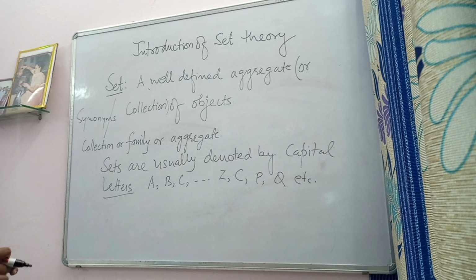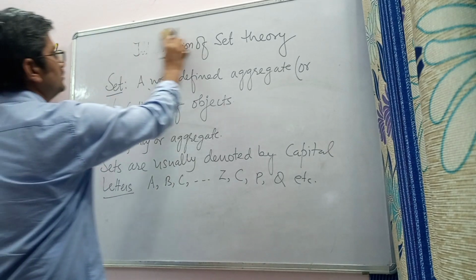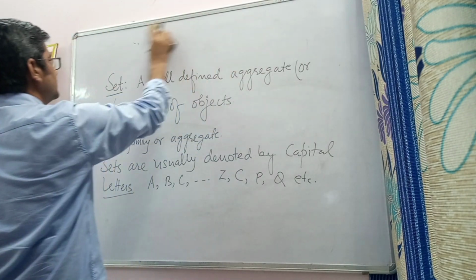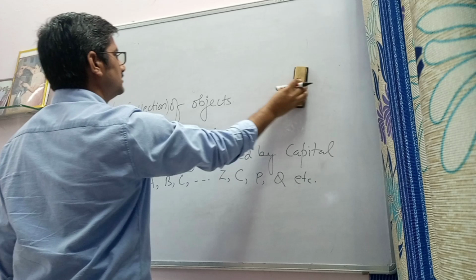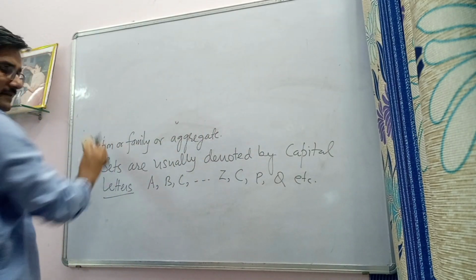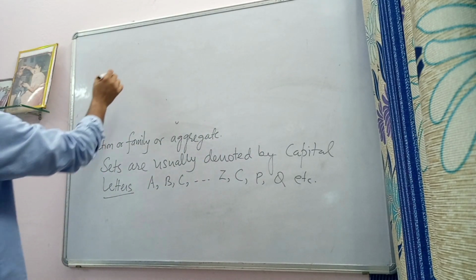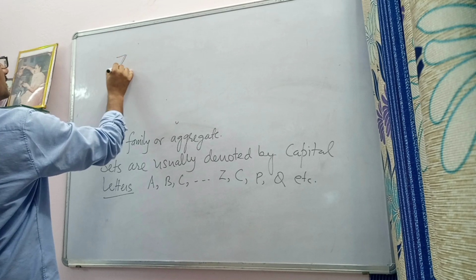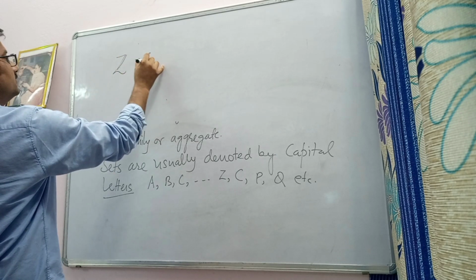Okay, so some standard notations for typical sets are: the first one is the set of integers. So Z is the set of integers.